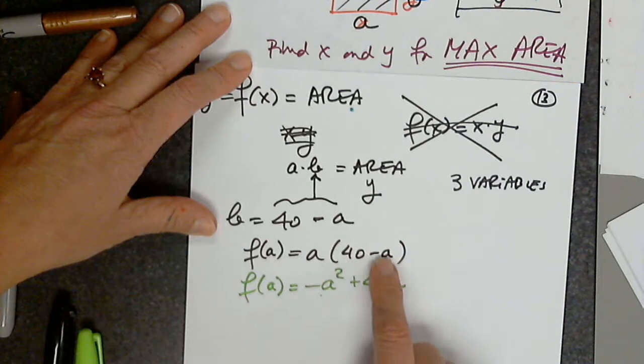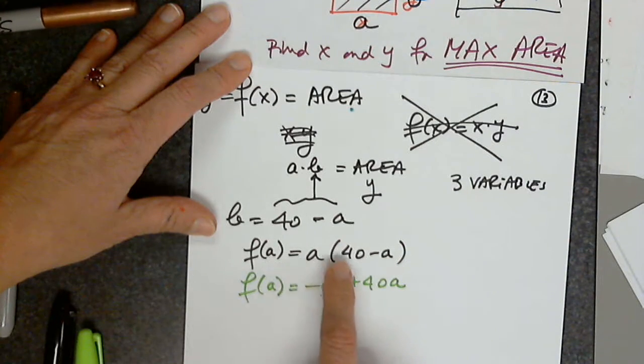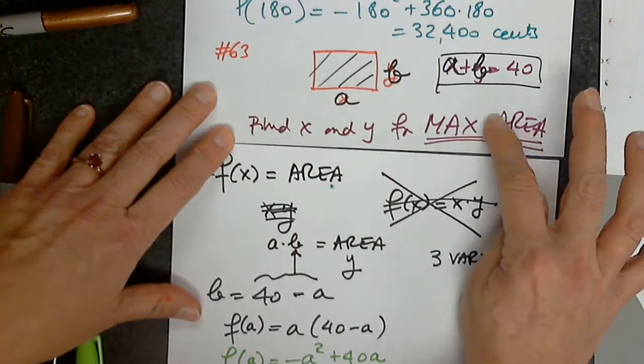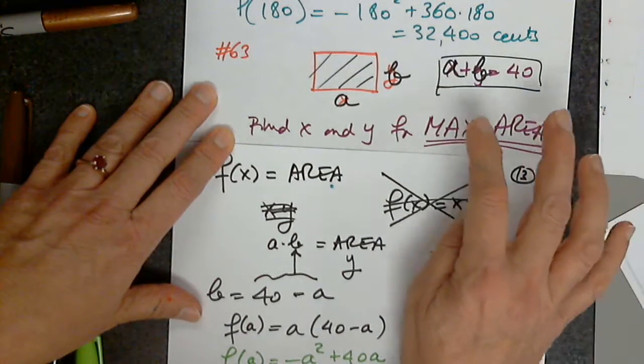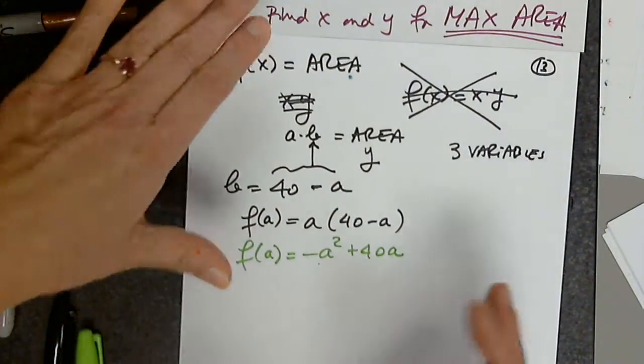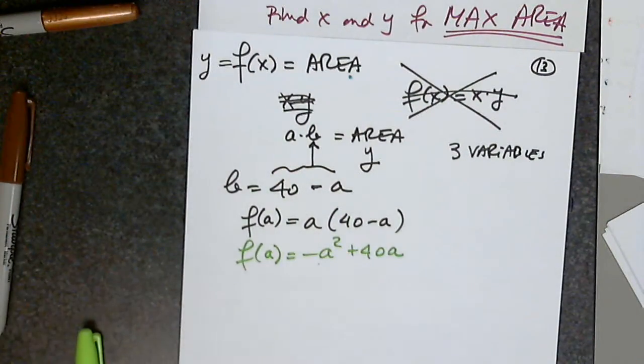I distributed a to negative a to get this, and a to 40 to get this. Now I'm happy. Why? I have a function that I know how to find the maximum for. So then, tell me what to do next. I have the function. I want to find its maximum.